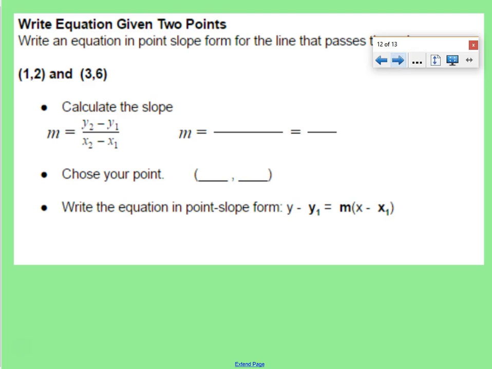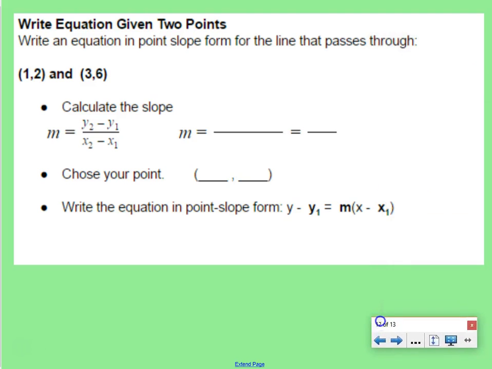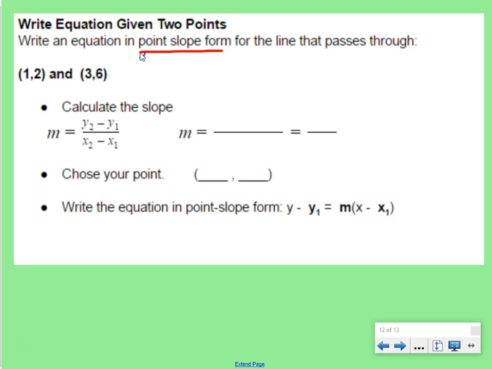One last example. Write an equation given 2 points. So we want it in point slope form. So again, we need a point and a slope. So our first step here, calculate the slope. That's the first thing we want to do. So remember, when we're given 2 points, we have to use our slope formula right here. y2 minus y1 over x2 minus x1.